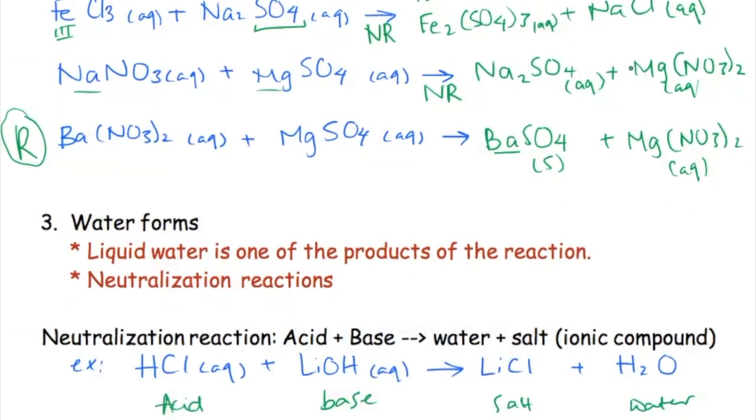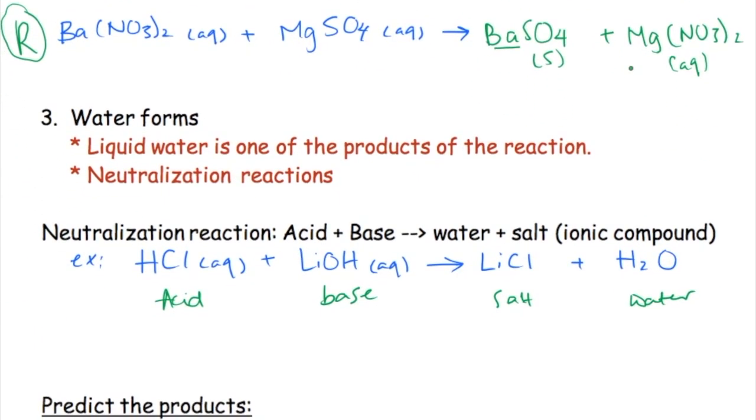And the third sign is the formation of water, which is not very obvious, but whenever you react an acid and a base together, you know that water is going to form because this is a neutralization reaction. So let's take a look at an example here. So water formation happens during the course of a neutralization reaction in which we react an acid and a base to form a salt and water.